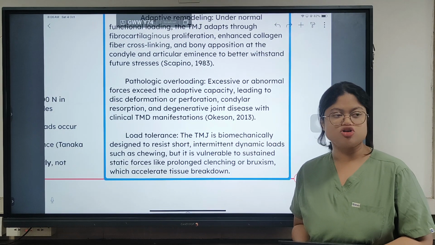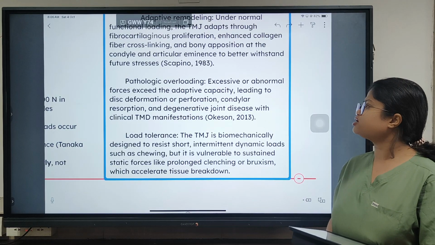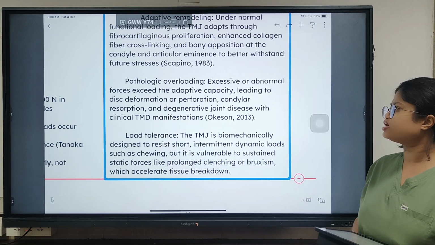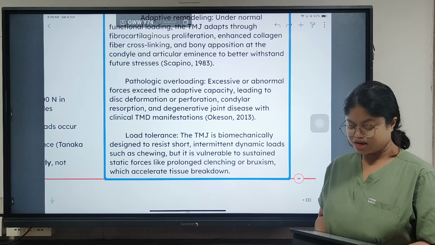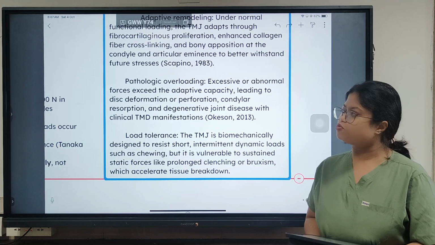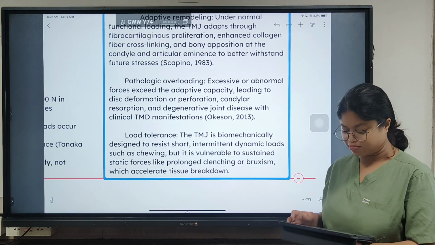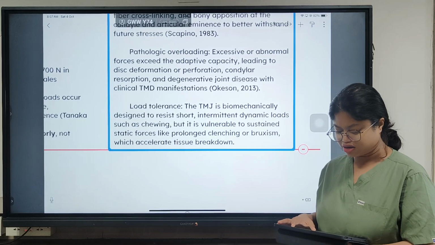When there is pathological overloading in cases of TMJ dysfunction, excessive or abnormal forces exceed the adaptive capacity, leading to disc deformation or perforation. Condylar resorption can be seen, and degenerative joint diseases and clinical TMD manifestations can be clearly seen.